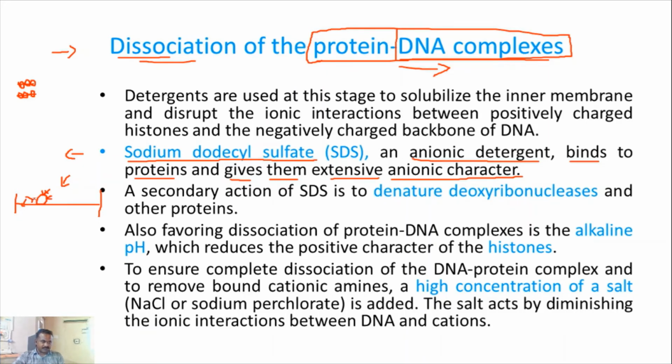So in this condition, the electrostatic interaction is disturbed. Finally, the DNA binding histone proteins are removed from the DNA. This is the main phenomenon that takes place during the addition of SDS to the reaction mixture.